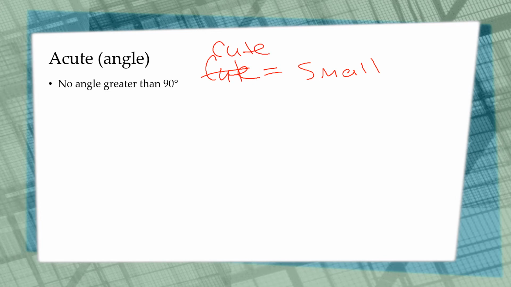Okay, so any triangle that has angles that are less than 90 degrees will be considered an acute triangle. Equilateral triangles are always acute triangles because their angles always add up to 180 and none of them are 90 degrees, because each of them is only 60 degrees. So think of acute as small: no angle is greater than 90 degrees.